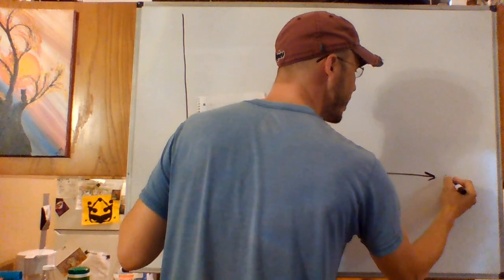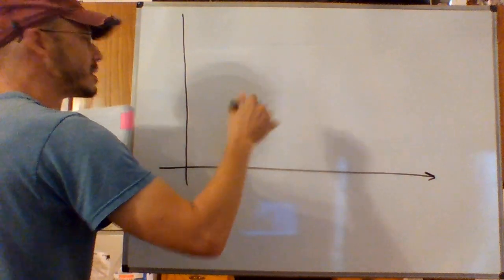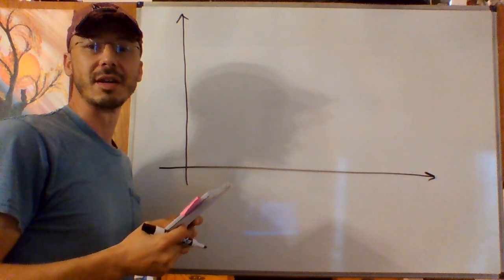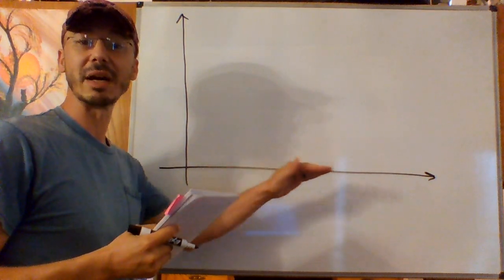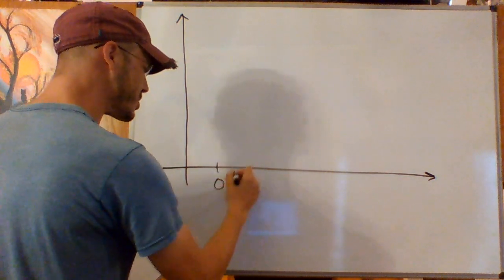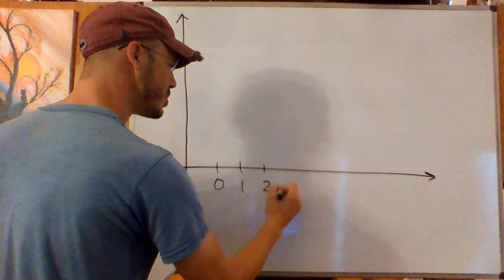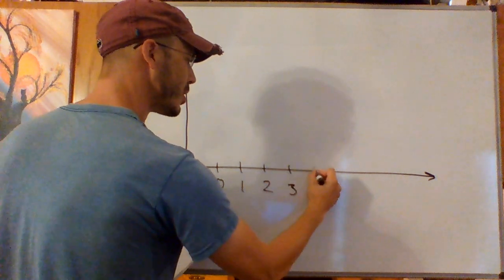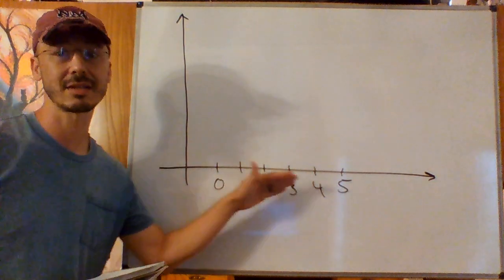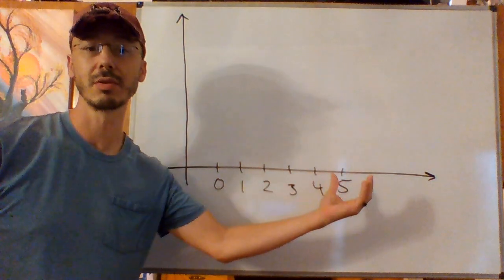So this will be my, I'm not going to call it the x-axis. I'm going to call it the number of times reminded axis, where those numbers of times was either 0, 1, 2, 3, 4, or 5. As I said earlier, the x-axis is where my data values go.